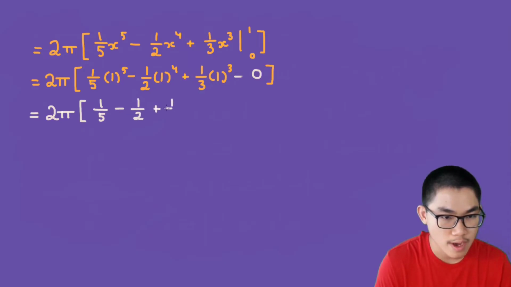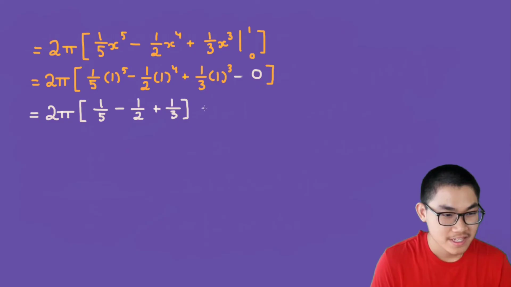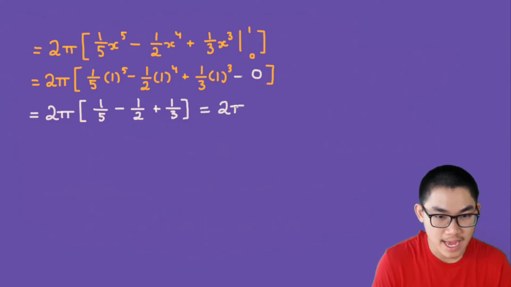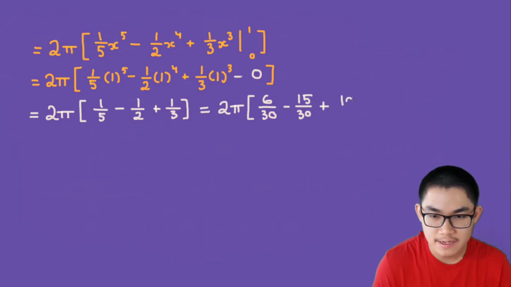plus 1 over 3. The common denominator is going to be 30, so we get 2 times pi times 6 over 30 minus 15 over 30 plus 10 over 30.